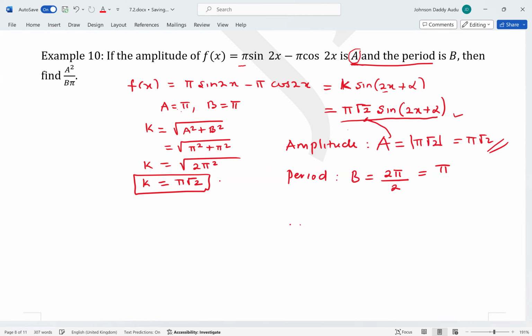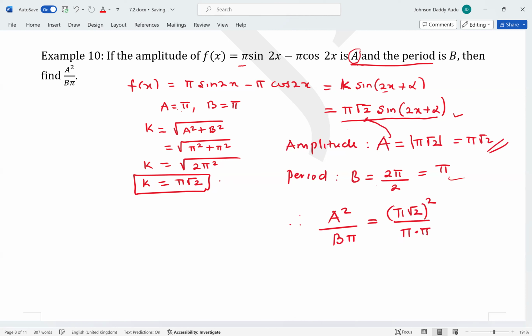And then we're asked to find A squared over B pi. A squared is pi root 2 squared, multiplied by B. What is B? B is the period, which is pi times pi.